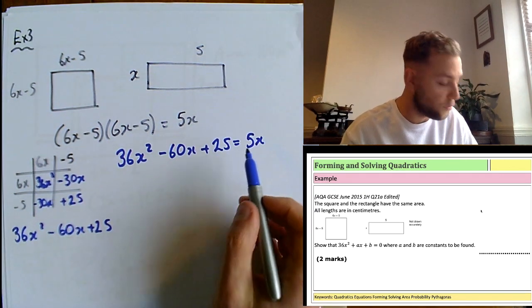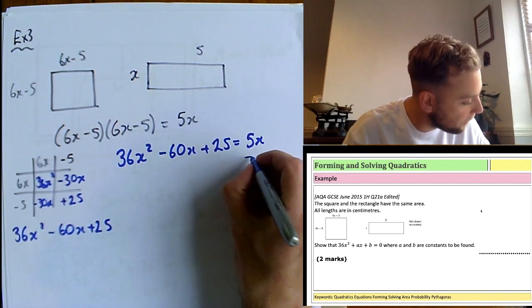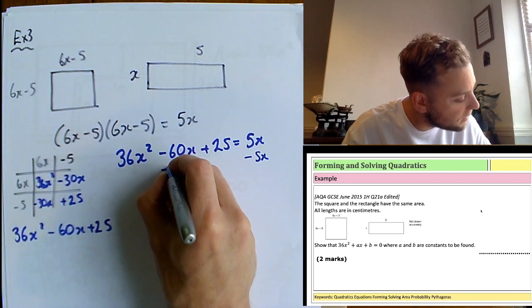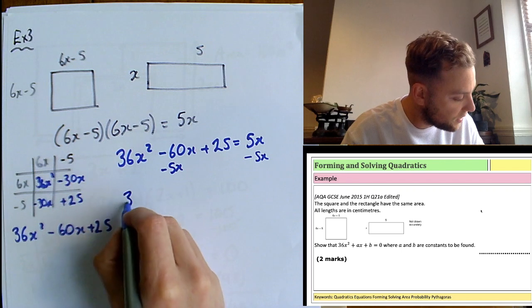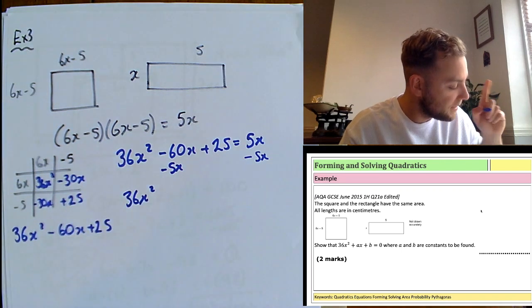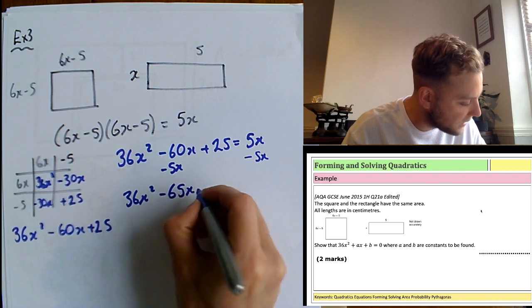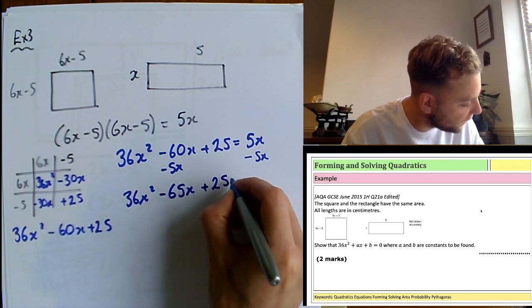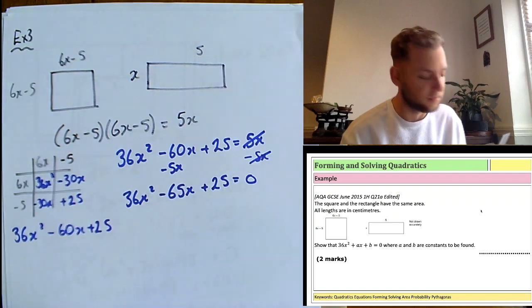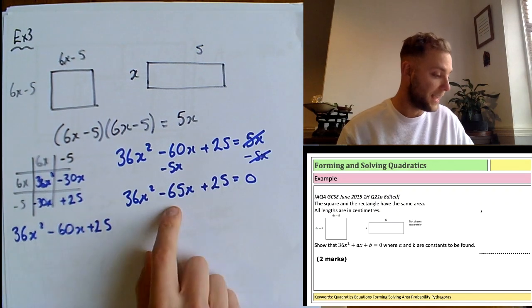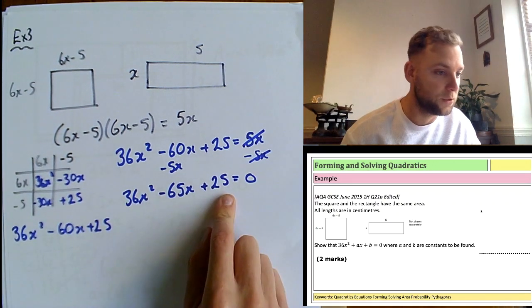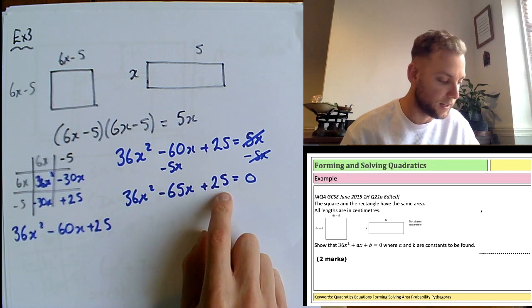So then what I need to do, remember, I need to make it equal to 0, so I do that by minusing 5x, minusing 5x, so 36x squared, 60x minus 5x is equal to minus 65x plus 25 is now equal to 0. Okay, so A is equal to minus 65 and B is equal to the 25.